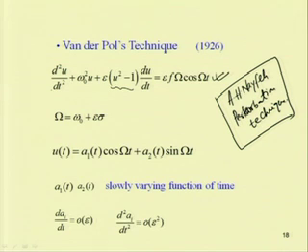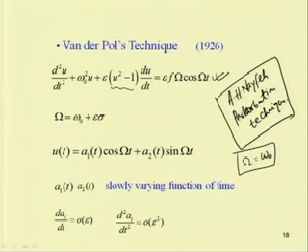The solution of that linear equation is u equal to a1 cos omega t plus a2 sin omega t, where a1 and a2 are constants and omega is nearly equal to omega 0, that is, the natural frequency of the system.